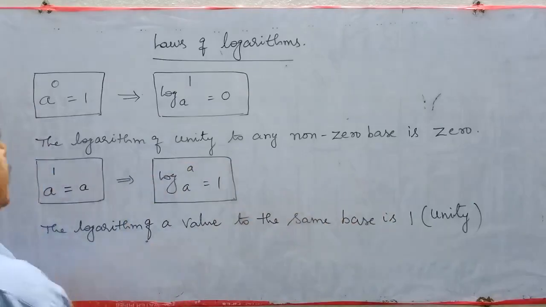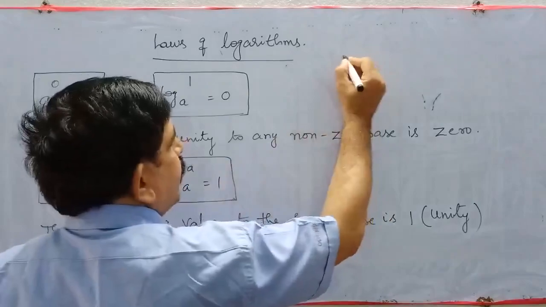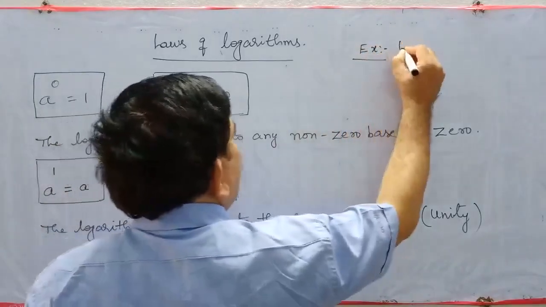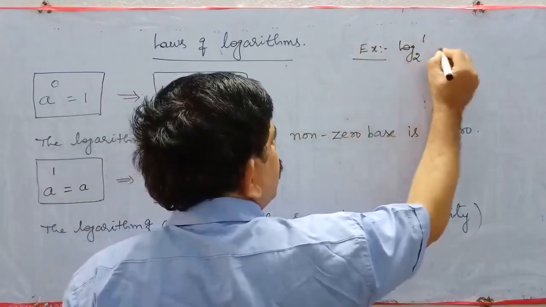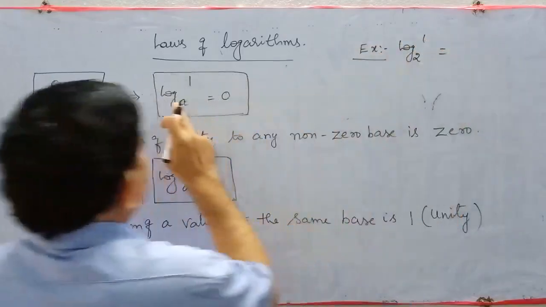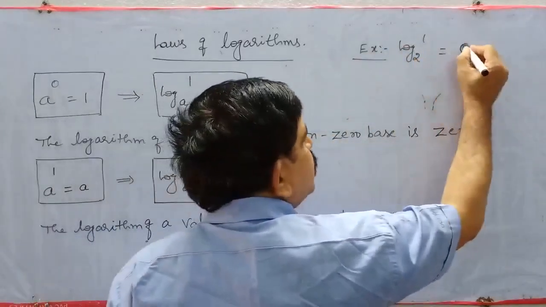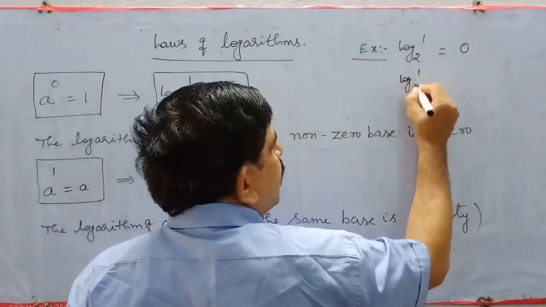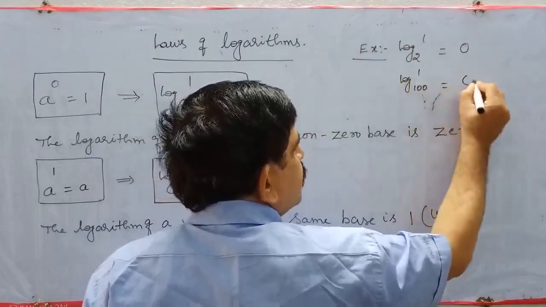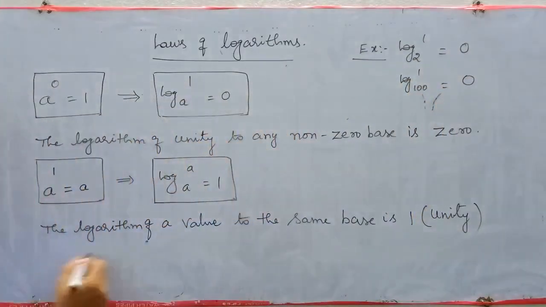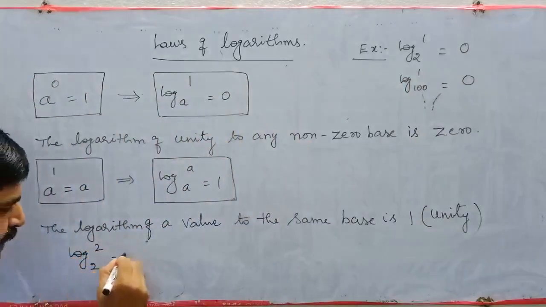For example, log 1 base 2 is equal to how much? Log 1 base a is equal to 0, so log 1 base 2 is equal to 0. Log 1 base 100 is equal to 0. For the other one, for example, log 2 base 2 is equal to 1.